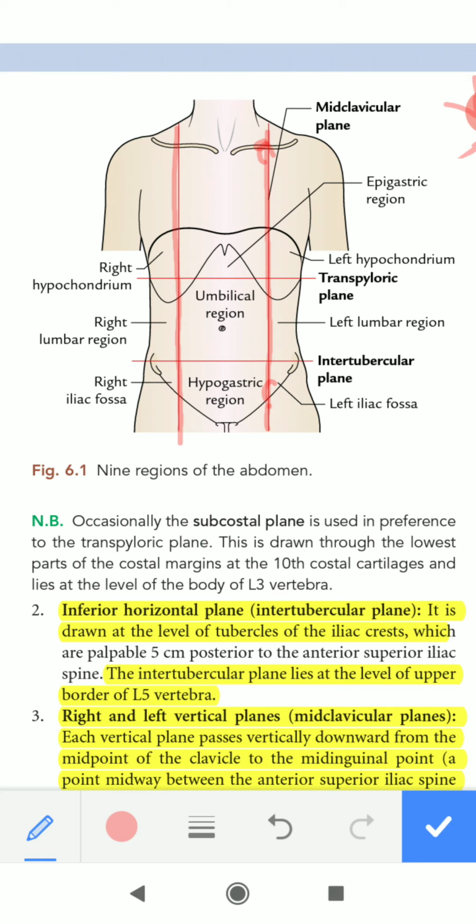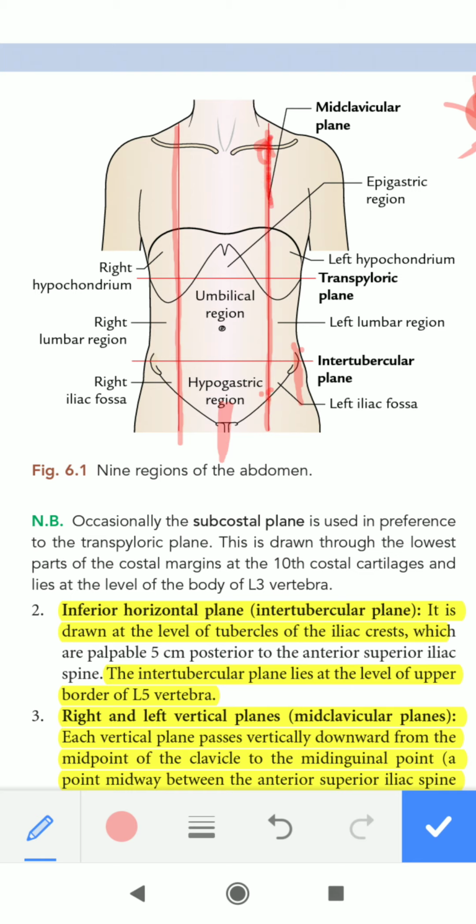Now the question is how you will identify the midpoint of the inguinal ligament. It is the midpoint between the symphysis pubis, a bone here, and the anterior superior iliac spine, a spine here. So between the symphysis pubis and the anterior superior iliac spine, the midpoint will be the mid inguinal point.